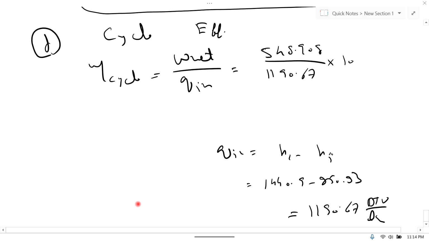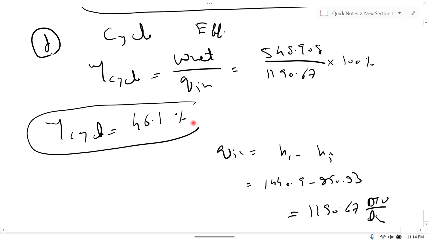So multiply by 100, and the cycle efficiency will be equal to 46.1%. This is the end of part D.